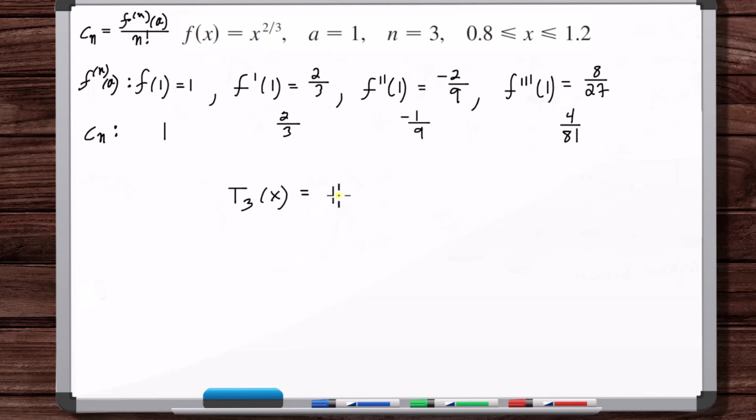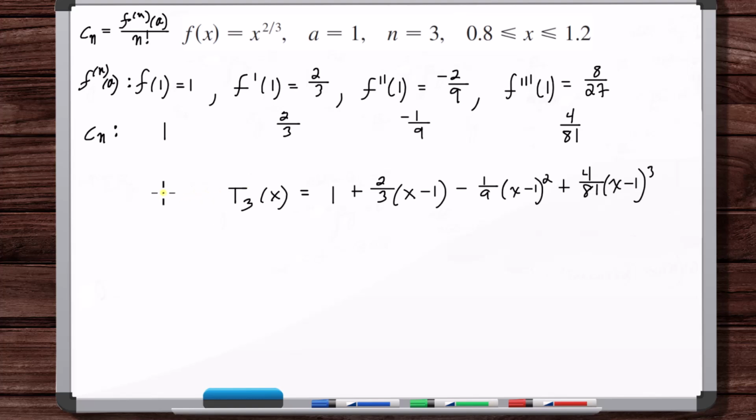So we've got 1 times (x minus 1) to the 0 power, so it's just 1, plus 2/3 times (x minus 1) to the first power, minus 1/9 times (x minus 1) squared, plus 4 over 81 times (x minus 1) cubed, right? So T sub 3, we go up to the third order.